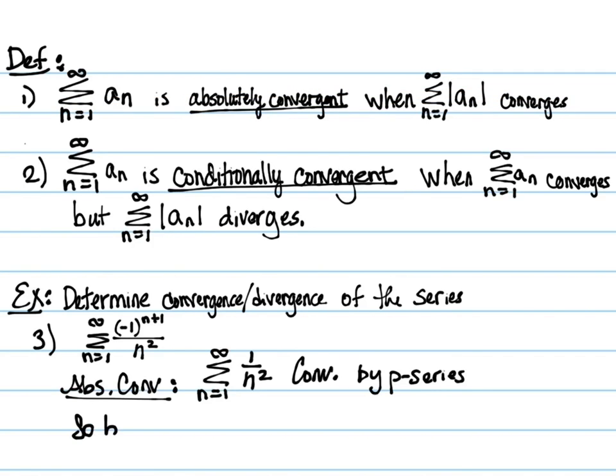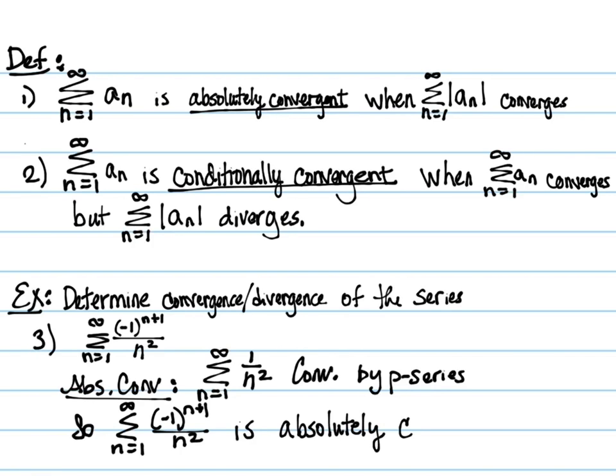So the summation from n equal 1 to infinity of negative 1 to the n plus 1 over n squared is absolutely convergent.